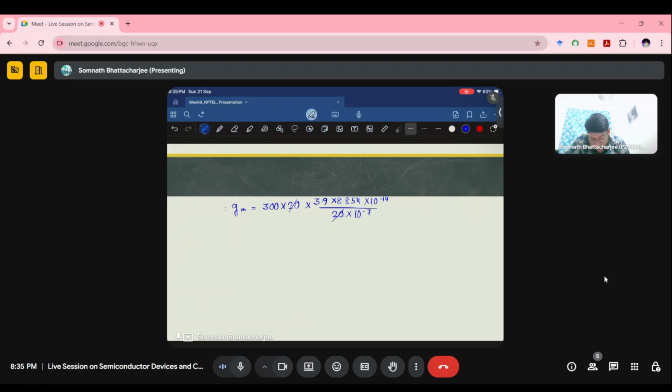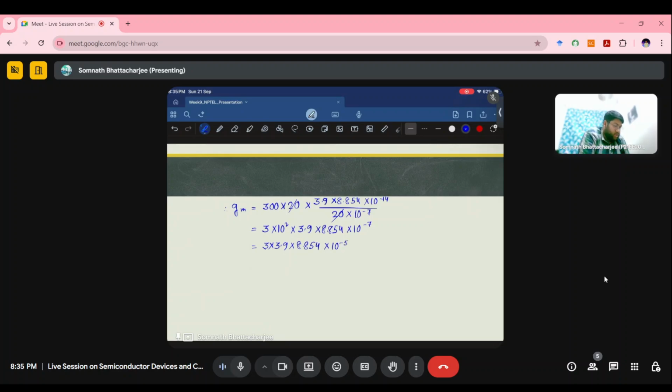So this 20 comes out. This is 3 into 10 to the power of 2 multiplied by 3.9, 8.854 into 10 to the minus 7. So the final value is 3 multiplied by 3.9, 8.854 multiplied by 10 to the minus 5.